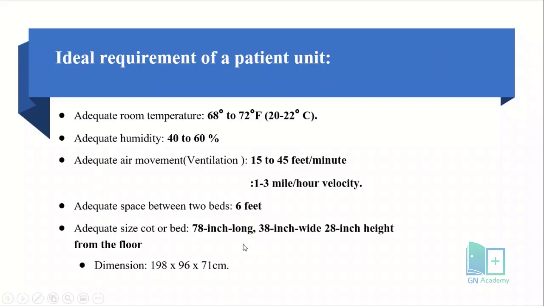The question is, what is the accurate measurement of a patient bed? The accurate measurement of a patient bed should be 78 inches by 38 inches by 28 inches. This is the proportion and dimension of a patient bed.